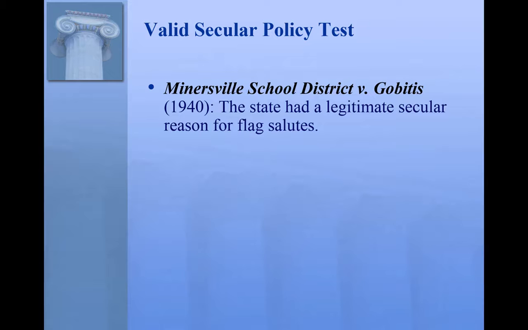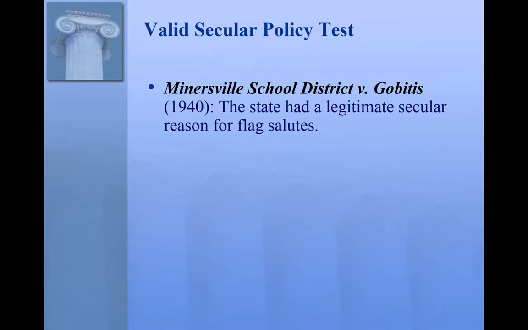And the Gobitis, actually, this is another instance in which the court misspelled the name of one of the parties. But this family sued, and the Supreme Court considered whether the state had a legitimate purpose for requiring this action.